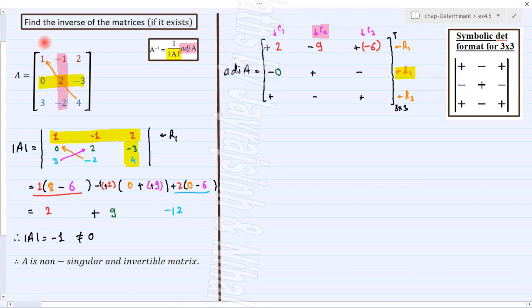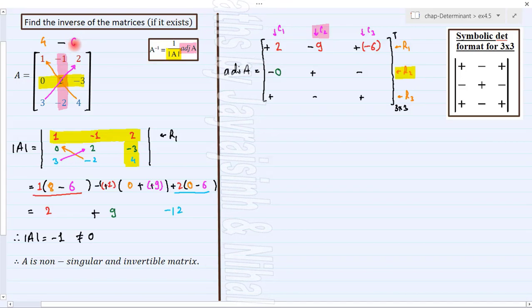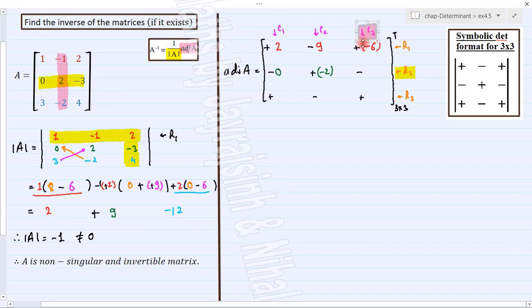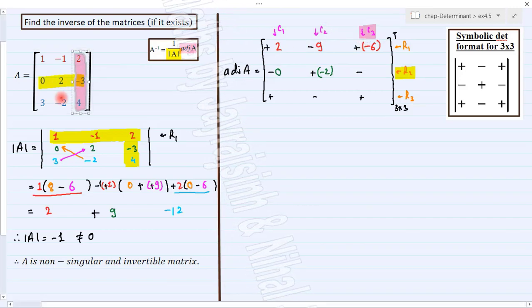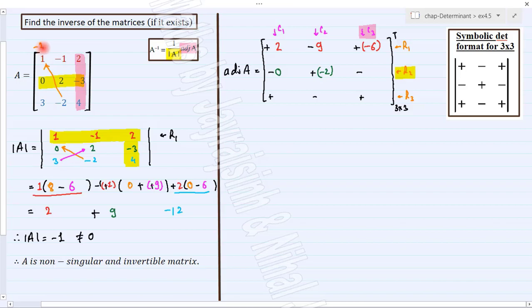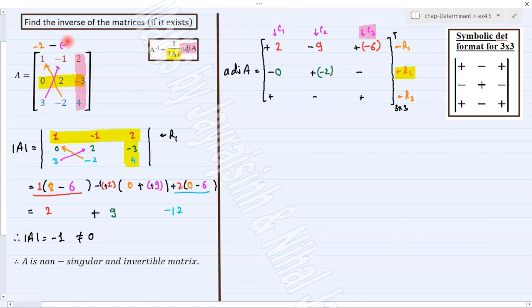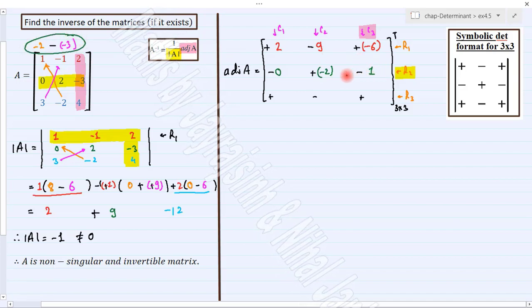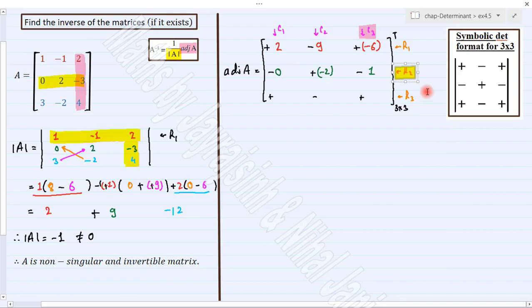So 4 1s are 4 minus 3 2s are 6. So 4 minus 6 will give us minus 2. And the last element is obtained by minus 2 1s are minus 2 minus 3 minus 1s are minus 3. So here we'll get 1. So we get element of second row.